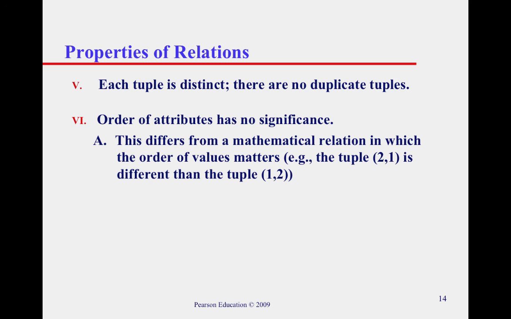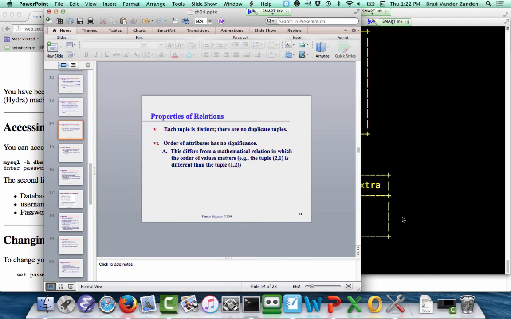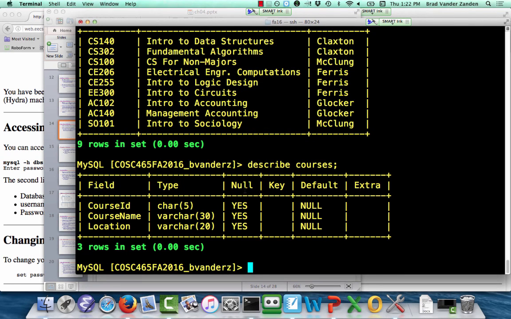And 6, this may be hard for some of your mathematicians to get your heads around. The order of the attributes has no significance. So we can put the attributes in any order we want. Back here, it doesn't matter in which order these three columns are listed. I could just as easily have listed them in the order location, course name, course ID.